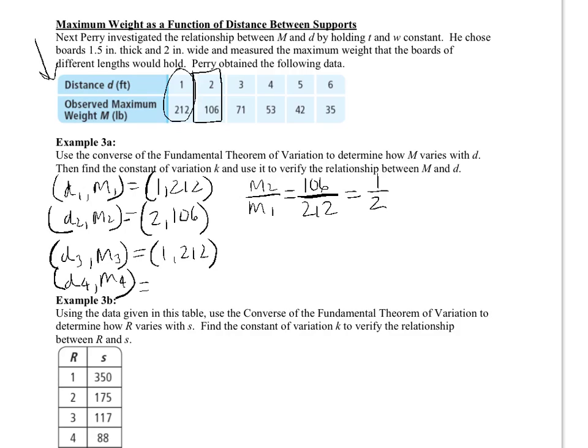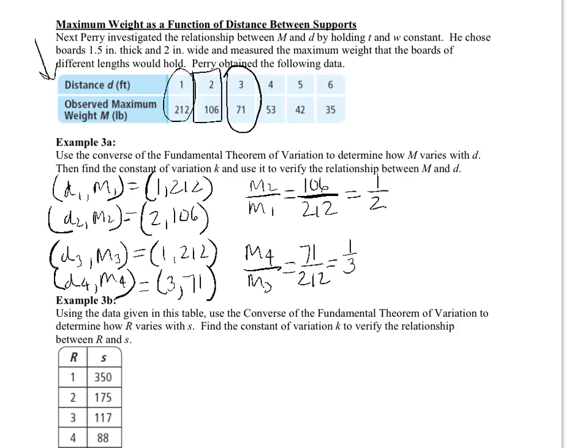For d4, we want a distance 3 times as long as d3, so we're going to do 3 and 71, because 1 times 3 is 3. Now let's compare those m values. m4 over m3 equals 71 over 212, which equals about 1/3. So as the distance triples, the max weight is divided by 3.